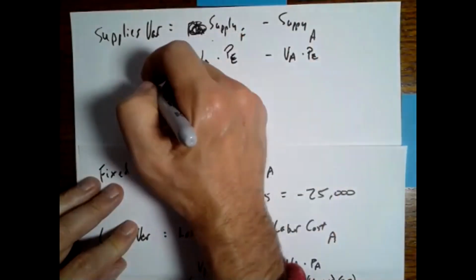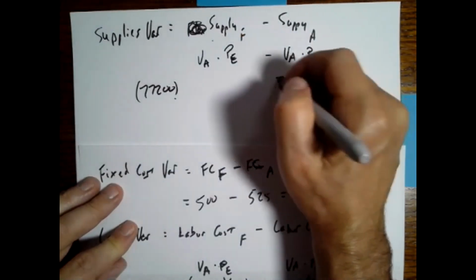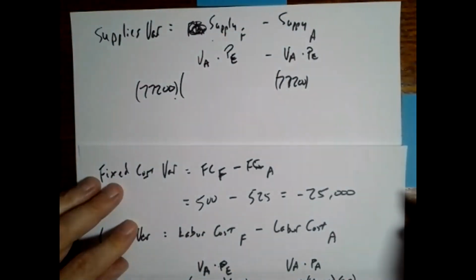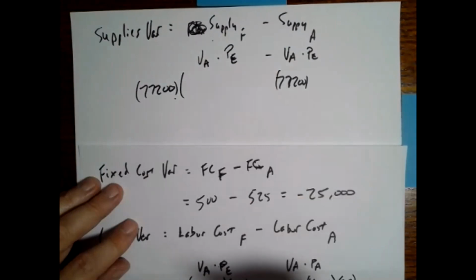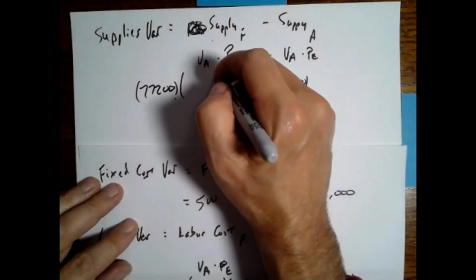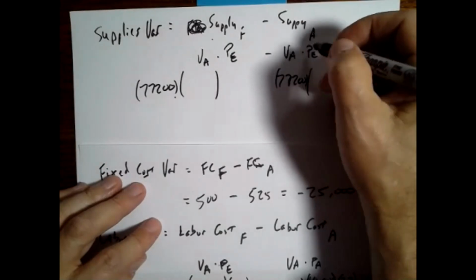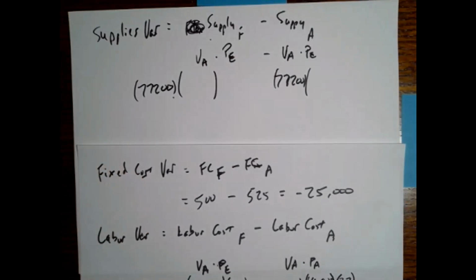We know the actual volume is 77,200. So what we need now is the expected number of units of supply per visit times the expected cost per visit. And then for the actual, we'll take the actual cost of supply per unit times the number of units.